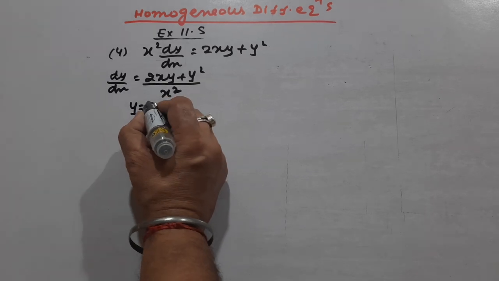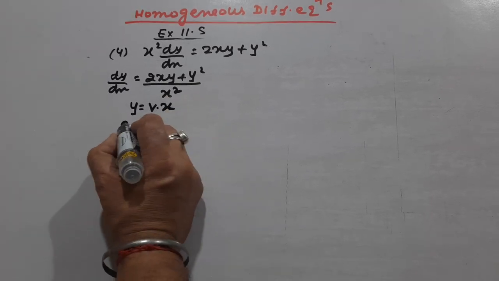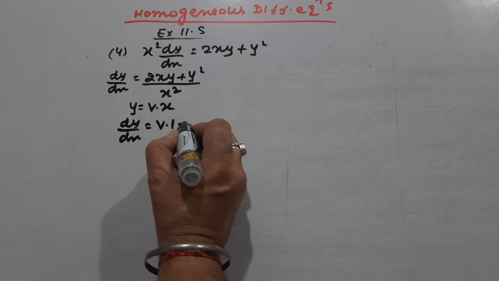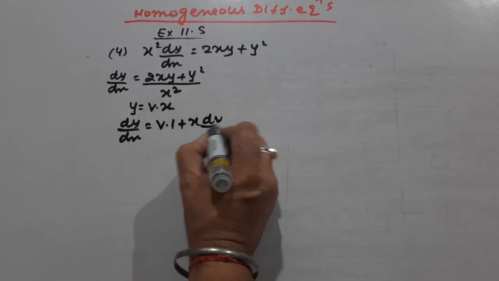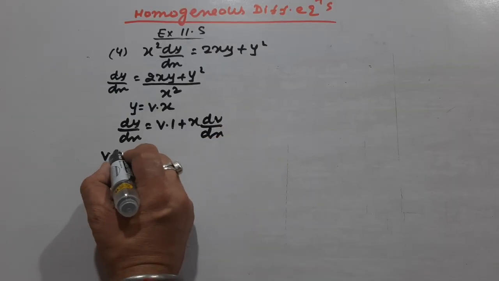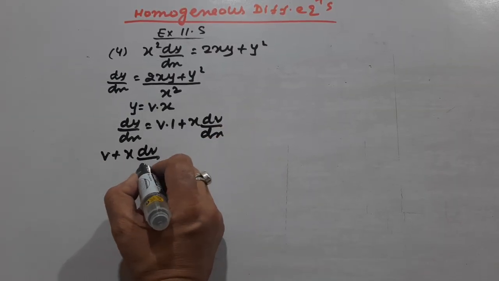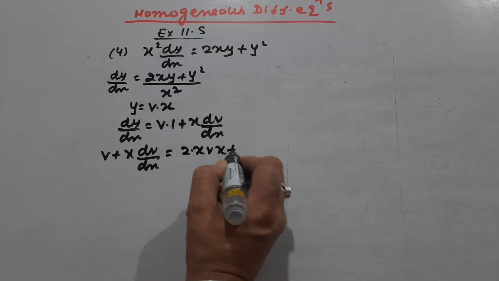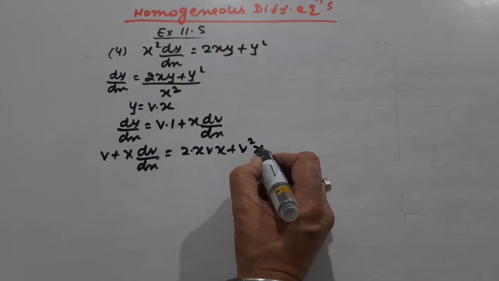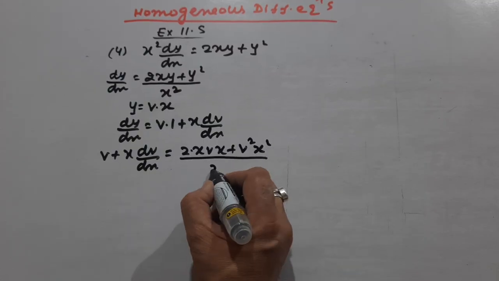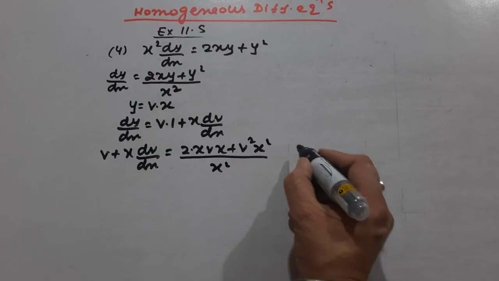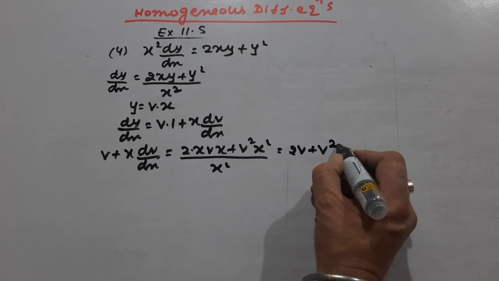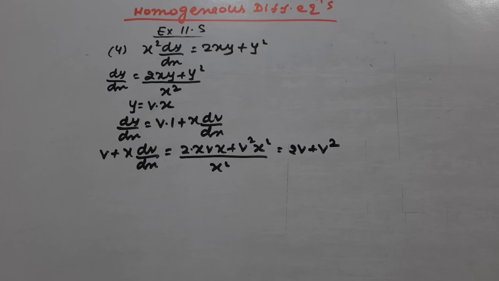Since this is a homogeneous differential equation, we put y equal to vx. So dy upon dx is equal to v into 1 plus x dv upon dx. So v plus x dv upon dx equals 2x vx plus vx whole square, replacing y with vx like this. Taking x square common, we get 2v plus v square.